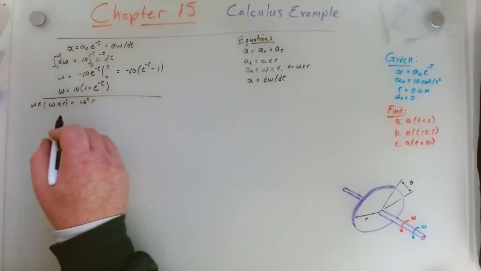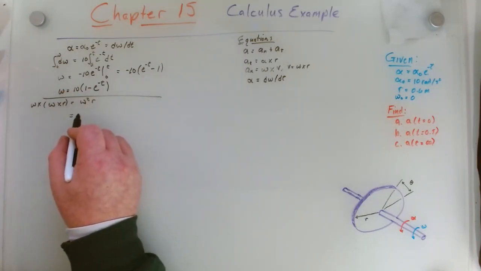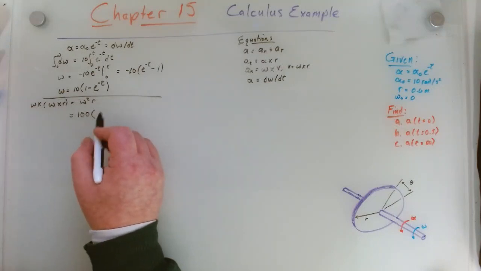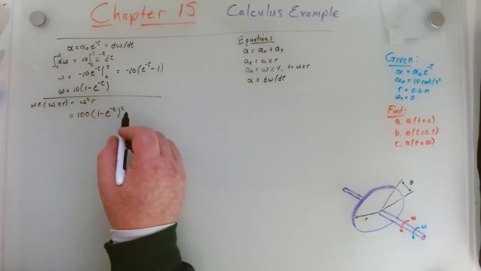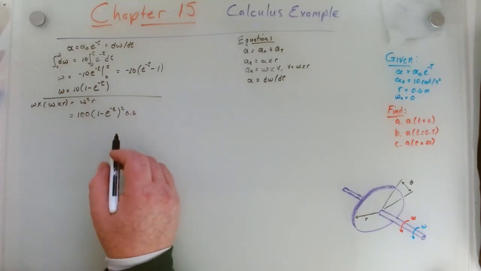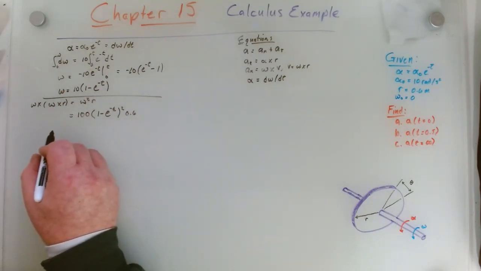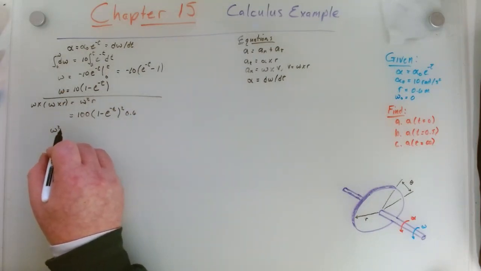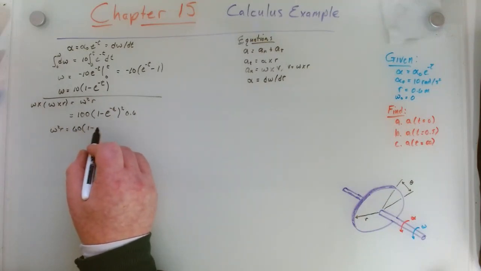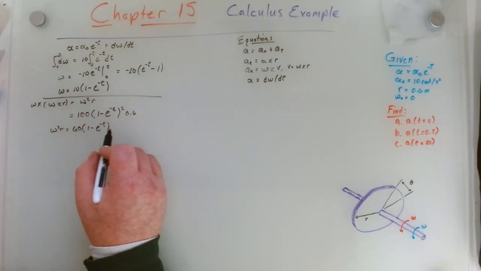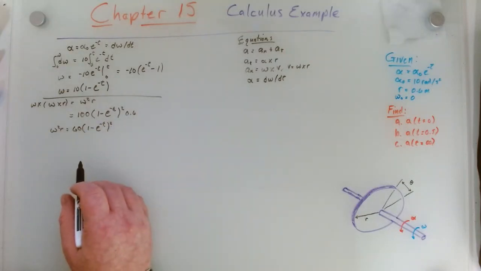That is 100 times (1 minus e to the minus t) squared times 0.6. Okay, so omega squared r is 60 (1 minus e to the minus t) squared. Okay, all right.